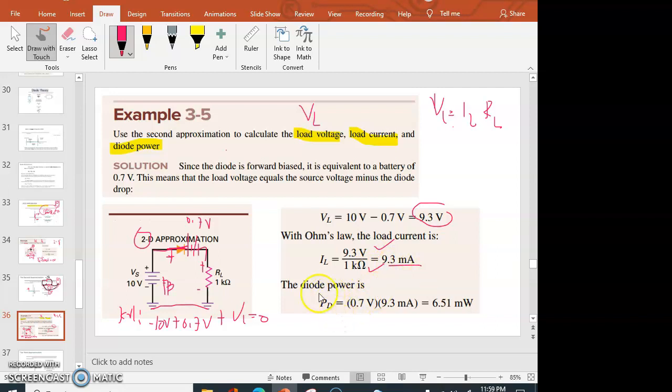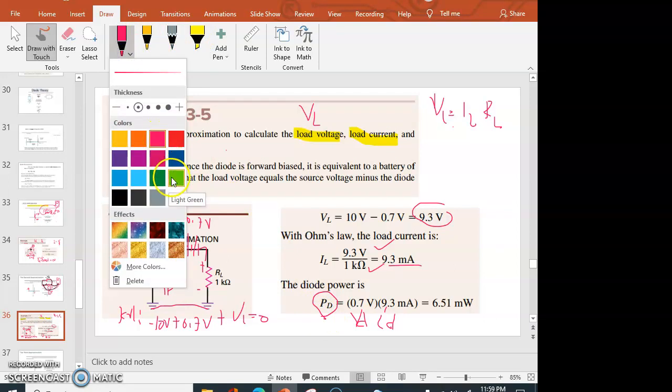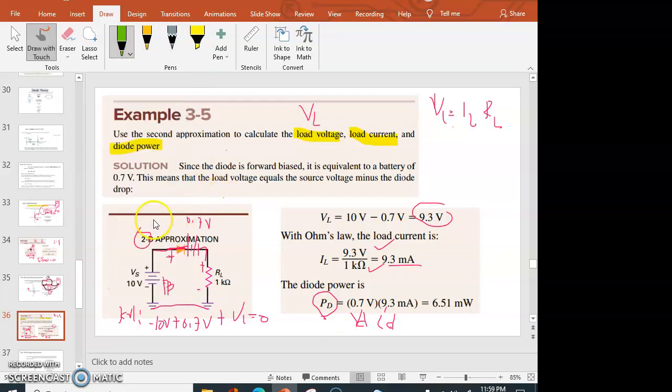Lastly, the power across the diode is equal to the voltage across the diode multiplied by the current that passes through the diode. If you are only talking about the diode, where is the diode? The diode is from this point up to this point. That is the equivalent of the diode, a closed switch with the barrier potential.